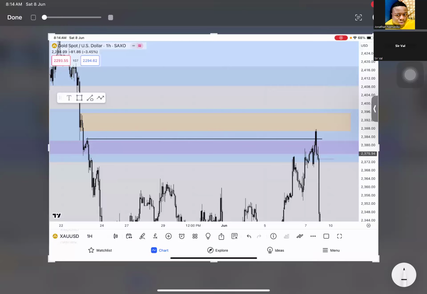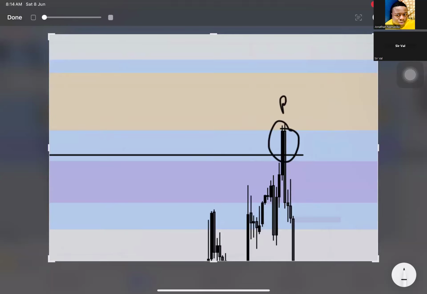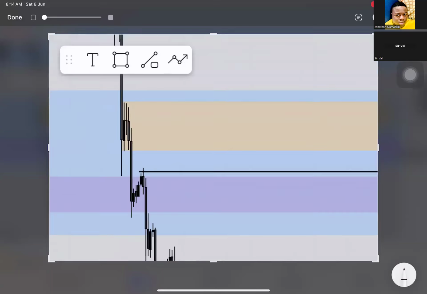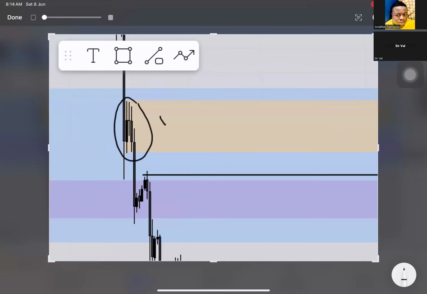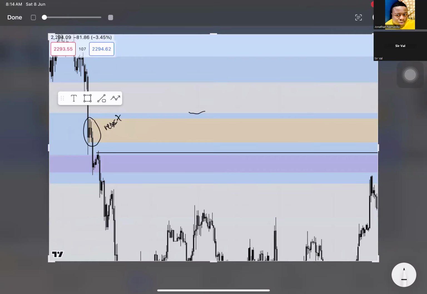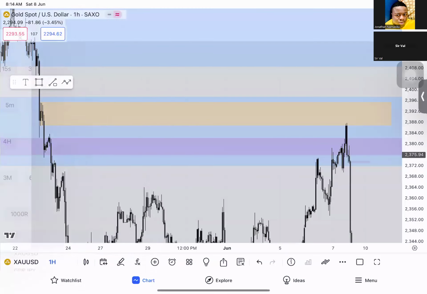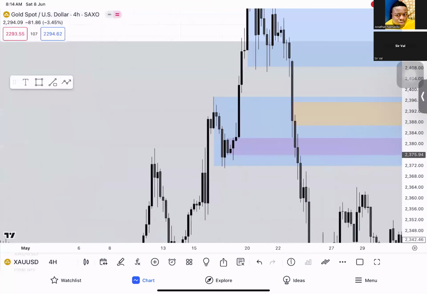So price has broken out, right? Yes. So that's why I'm looking for the next zone, still inside my blue zone, which is my daily zone. So let's check the H4. We have a dominant, right?